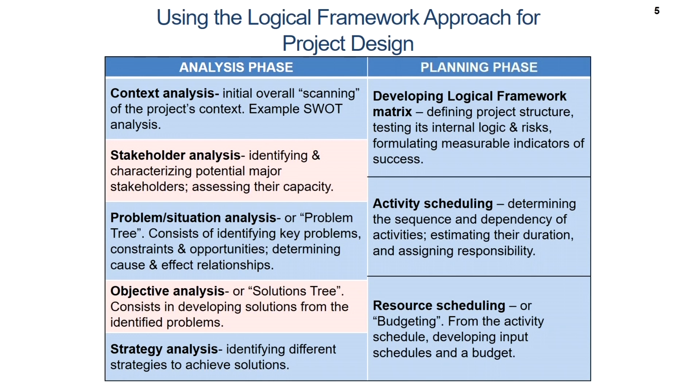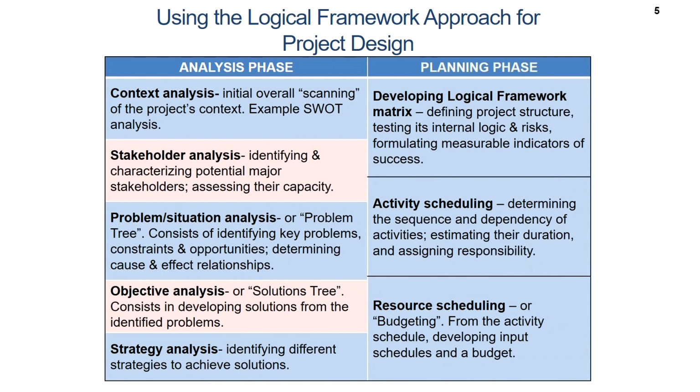A context of a project is very important, and that is something that is taken up in the analysis phase. The stakeholders, who are the different actors when we are carrying out a project, and how we carry out stakeholder analysis is again a focus. The problem analysis: what are the problems that the different stakeholders are facing, and what is the larger problem that is coming out of the individual problems that we are looking at.